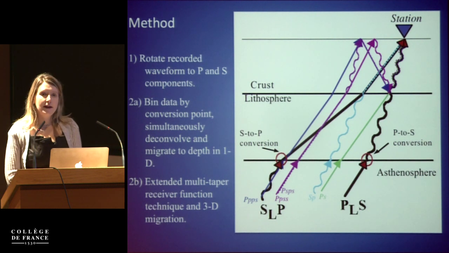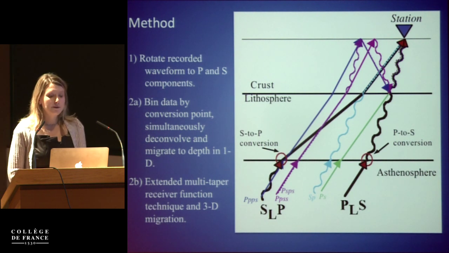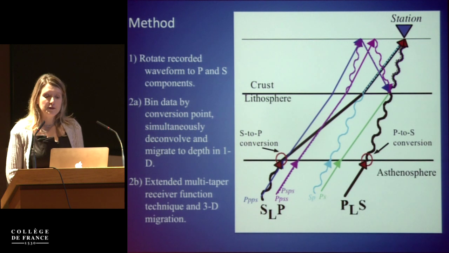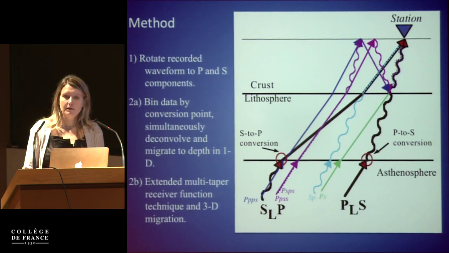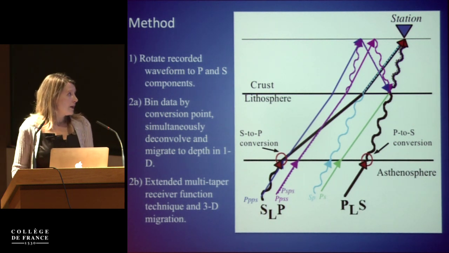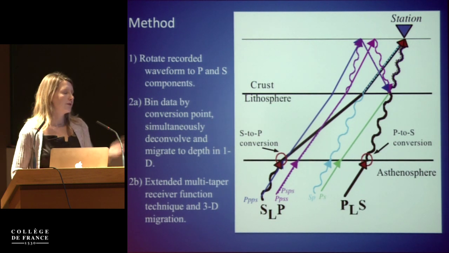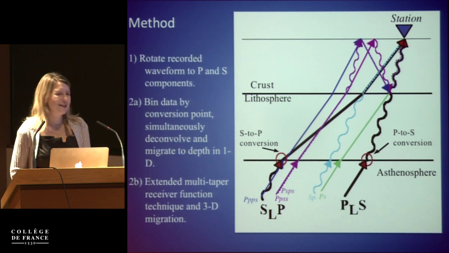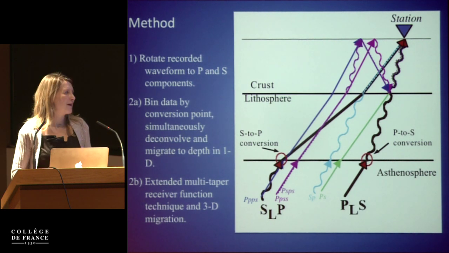Today I'm going to be looking at receiver functions, where I rotate the recorded waveform into its P and S components, and I'm going to be using two methods. One is to bin by conversion point before deconvolving and simultaneously migrating in depth in 1D. And the other method that I'll be using is an extended multi-taper receiver function method.